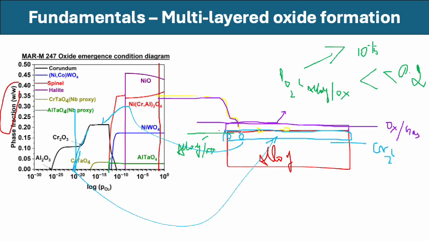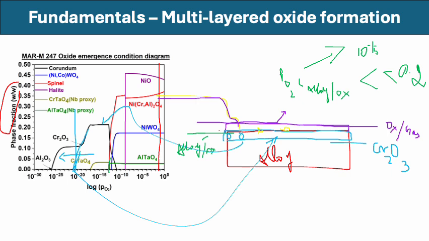The green interface has now become the spinel oxide and chromia interface. So now, because the oxygen partial pressure at this blue color interface has gone much lower, it starts to form alumina here.